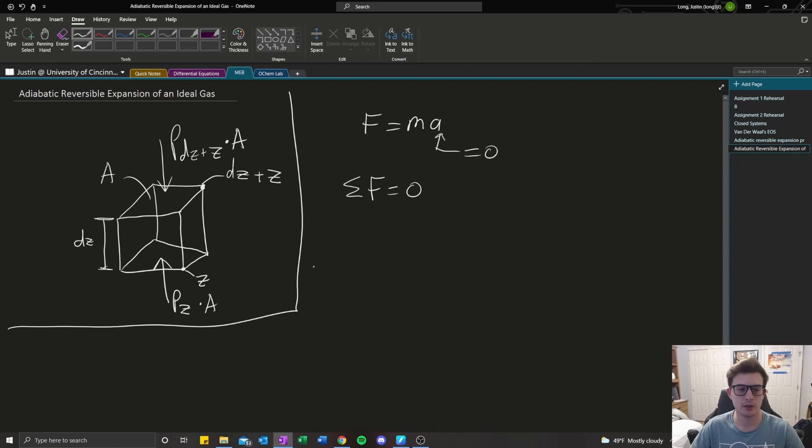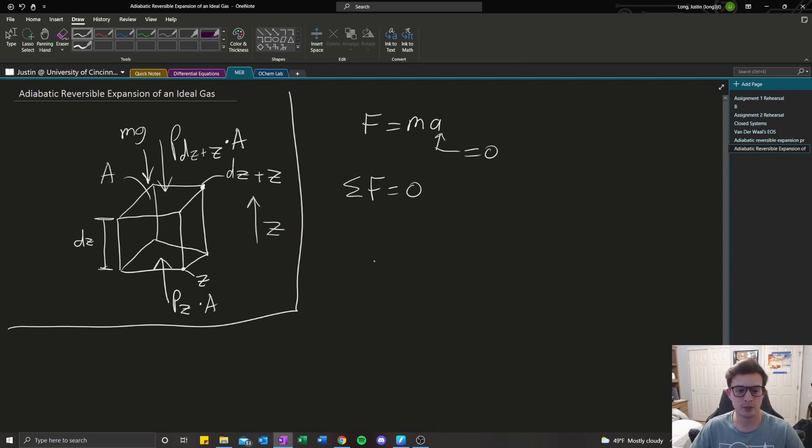And then we also need to recognize that we have gravity. So we've got a mass times the gravity, and I like to have gravity acting down, so we're going to call this the positive z direction. And so we can apply our force balance to this situation to make an equation.